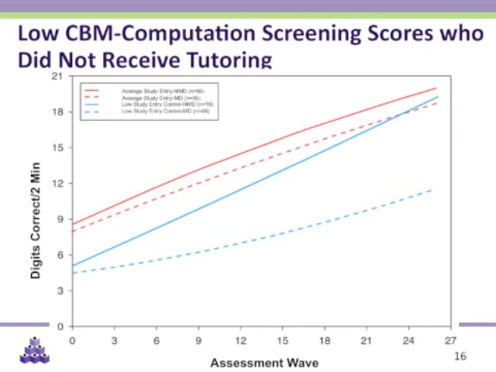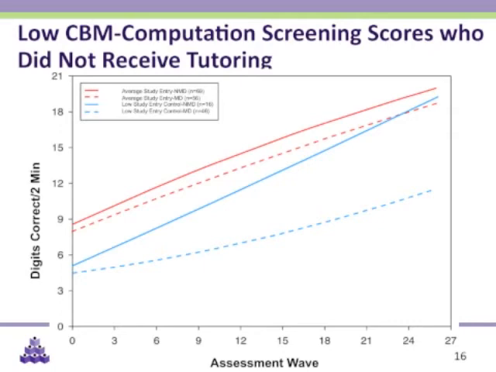And we have two different distinct patterns of development on the progress monitoring data for these students, none of whom received tutoring. We have a small group of students, 16 students, who actually, despite their low screening score at the beginning of first grade, developed nicely during first grade. That's in the blue solid line.